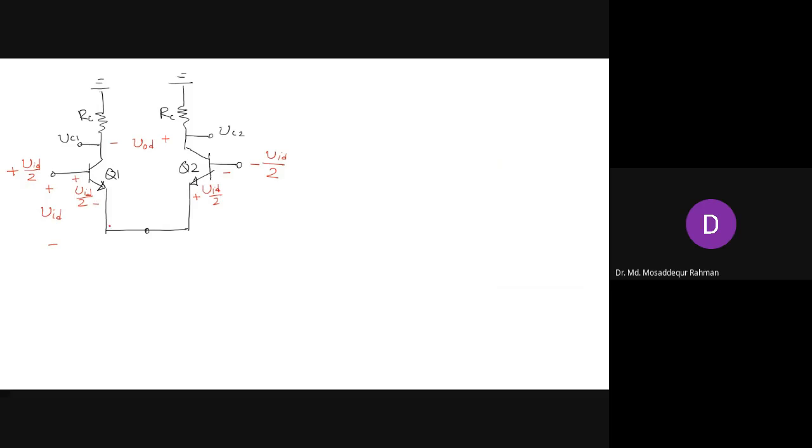That's the same. And that is our reference point, the common point, and the voltage here is then 0 volt. So with respect to this point, the voltage here is plus half VID, and the voltage there is minus half VID. So this must be 0, a 0 point here, and this is for a small signal voltage.